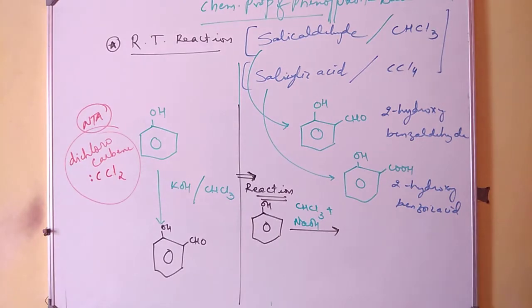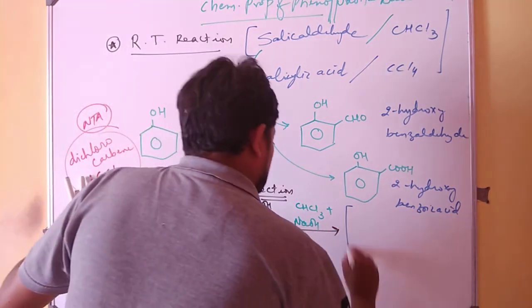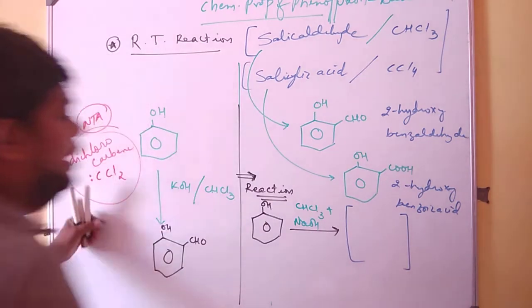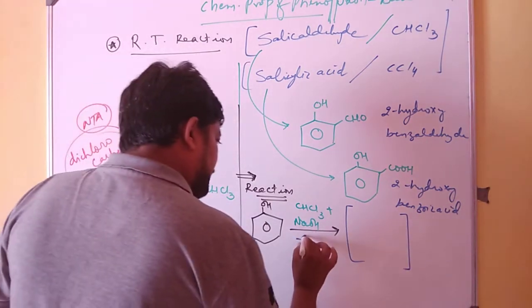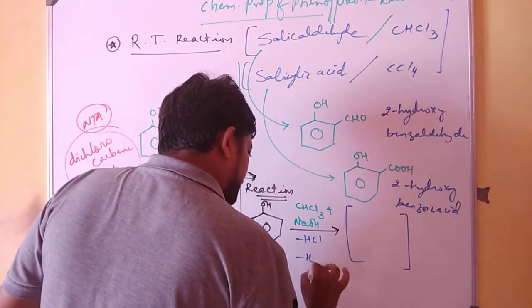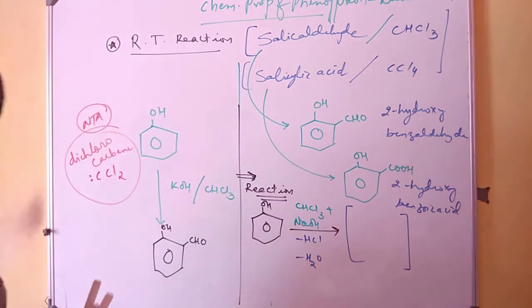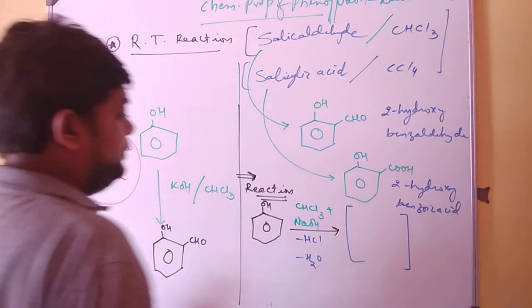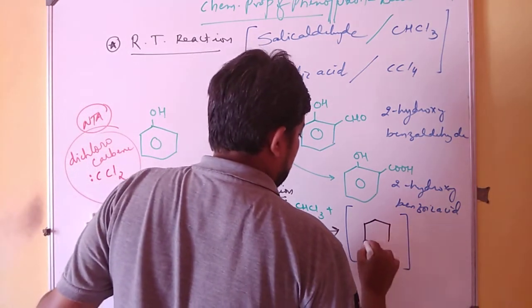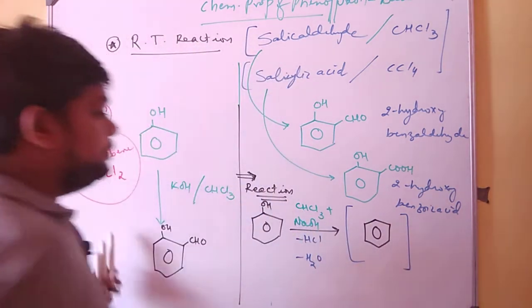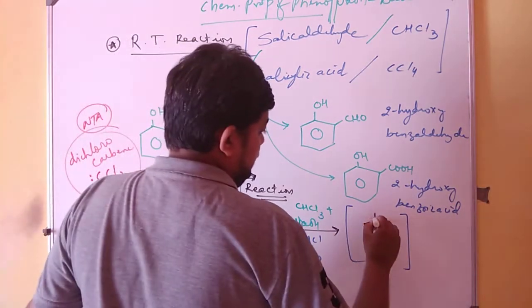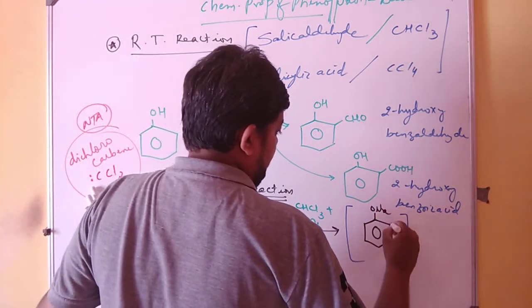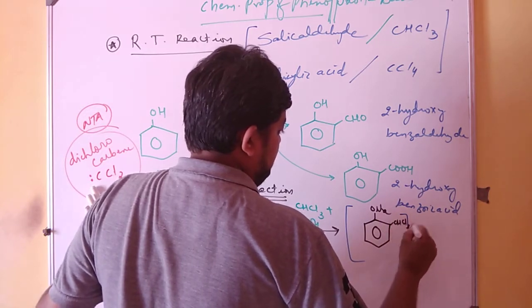You will always end up with an intermediate compound, and this intermediate compound gives out hydrochloric acid and water molecule as byproducts along with its main product, which is very much helpful in getting towards our final product.